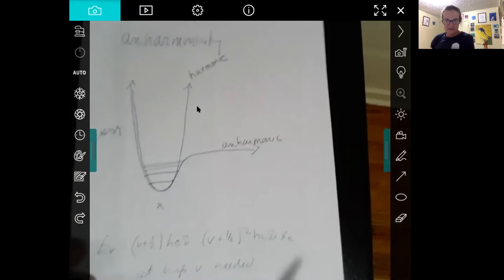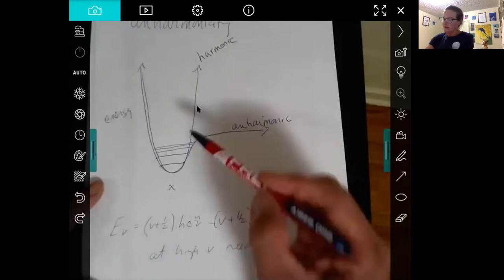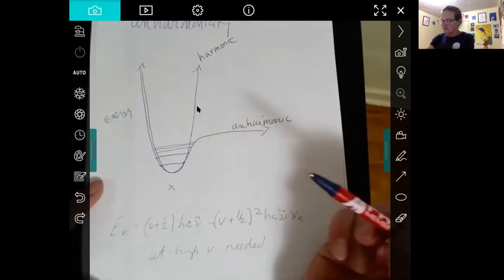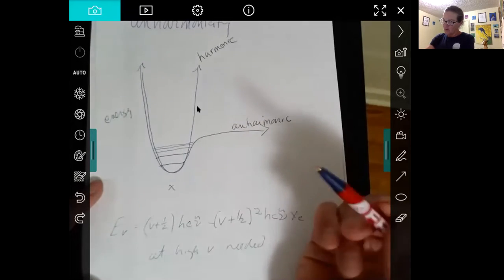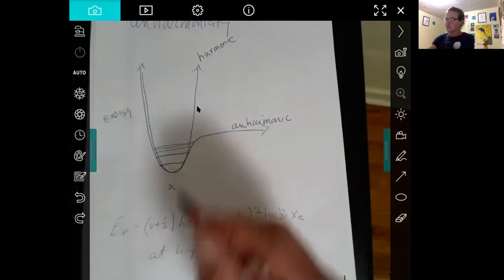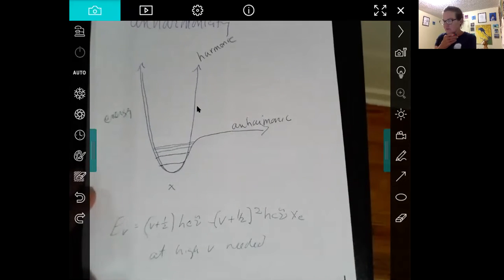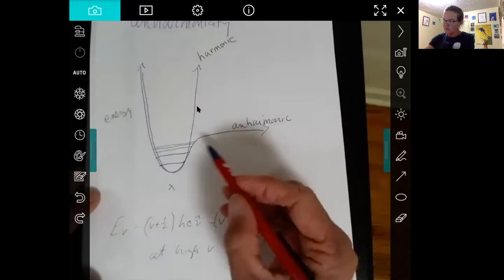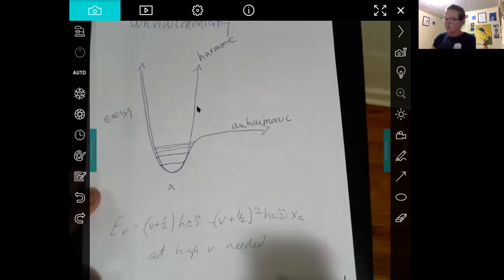So you only need to use this equation for anharmonicity when you're in some excited states. When you're at the bottom of the well, it looks very harmonic. Notice what this allows is that as the molecule stretches further and further, it allows the bond to break, which is a physical property we see of molecules. So this green line makes a lot more sense for molecules.